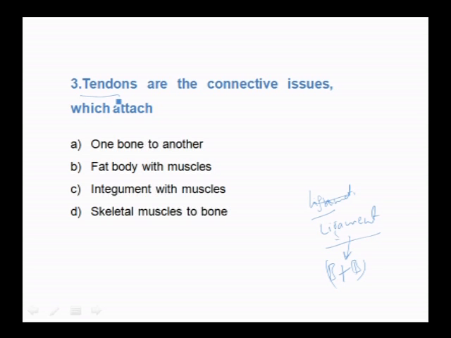But the tendons are the connective tissue which connects skeletal muscle with the bone, which gives flexibility to the bones and strength. They connect skeletal muscles with the bones, which provides extra strength for carrying weight, for movement, for sitting, standing, etc.